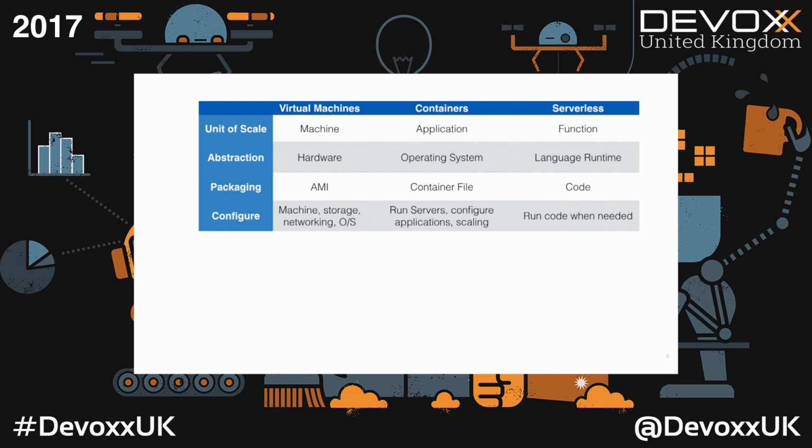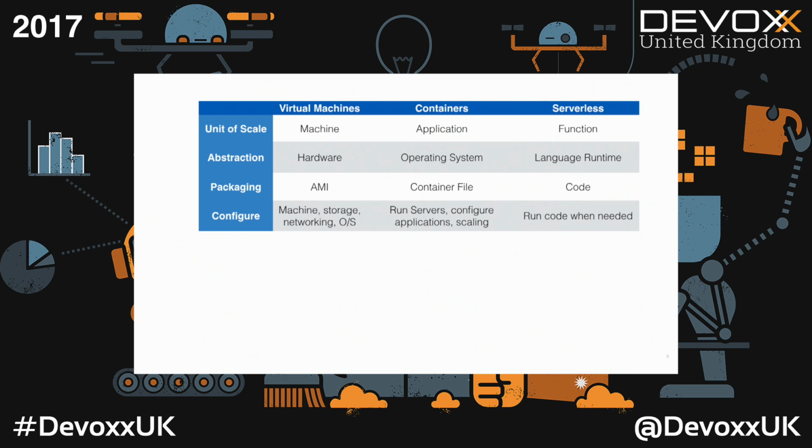What do you configure in each case? In virtual machines, essentially machine, network, storage, operating system, all that needs to be configured by you. You can use a pre-configured AMI, or you can have somebody else bake the AMI for you.